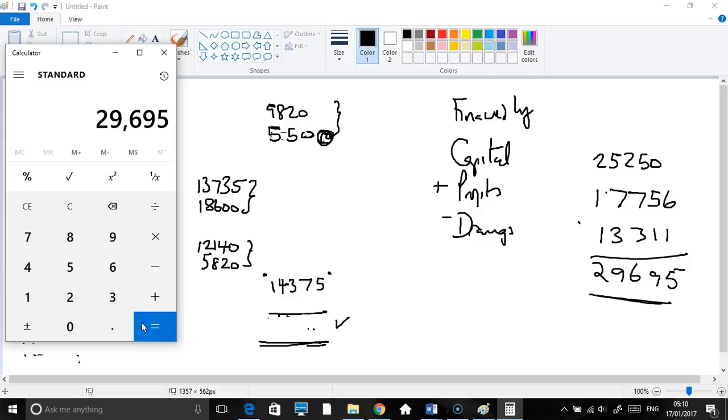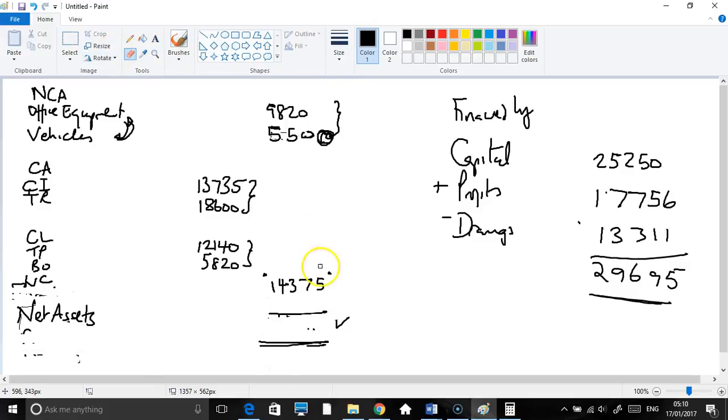And that gives us 29,695. And you can see that's equal to that 29,695. And the two are the same. And this is how a balance sheet is prepared.